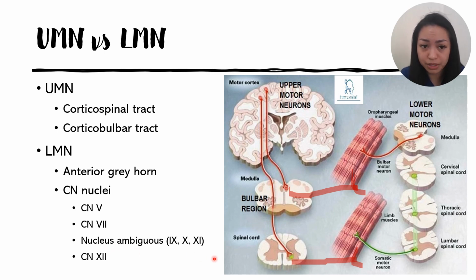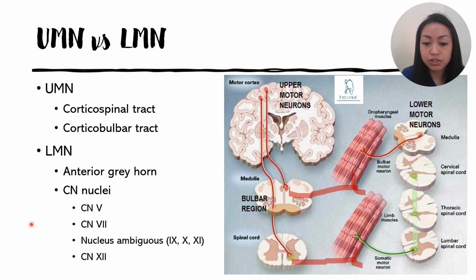So the nucleus ambiguus innervates the pharynx, sorry, the larynx, the uvula, the soft palate, and these muscles are essential for speech production and for deglutition, so swallowing, okay? And then the last one is the cranial nerve nucleus of the hypoglossal nerve. So this innervates the muscles of the tongue to let us articulate the words.